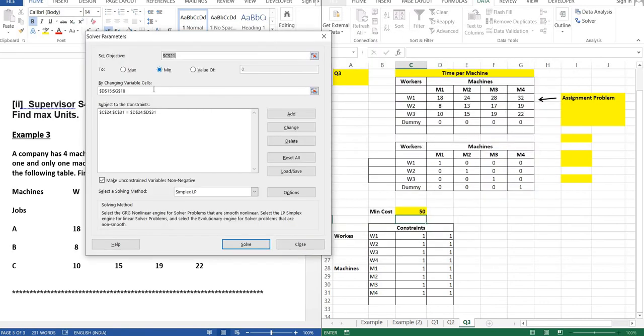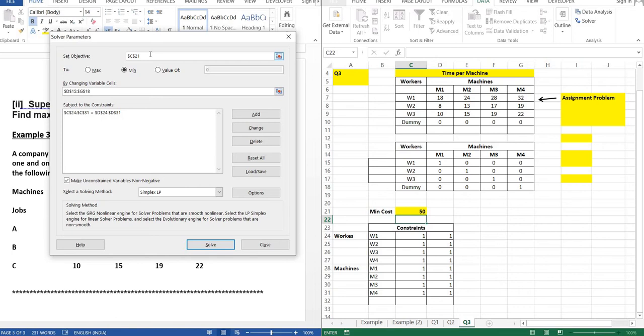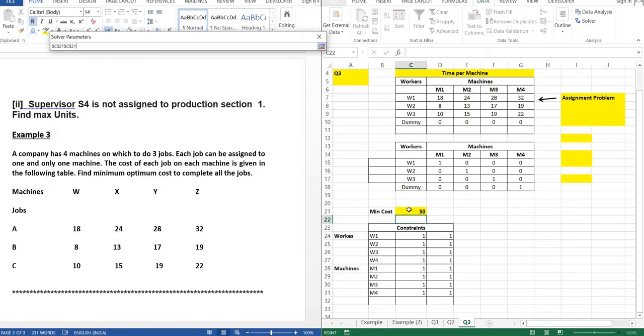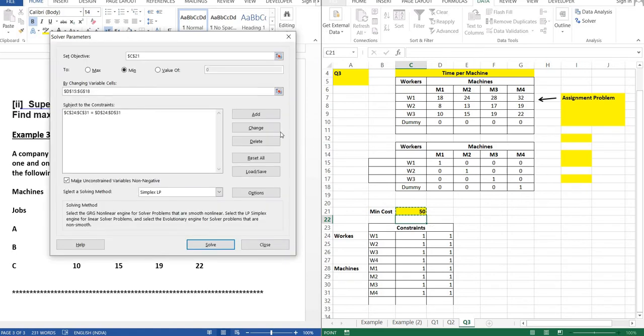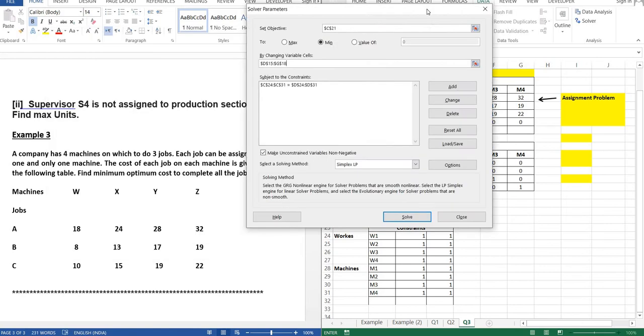Sarvesh Bagal, how much is the answer for the first? Type your answer for first one.